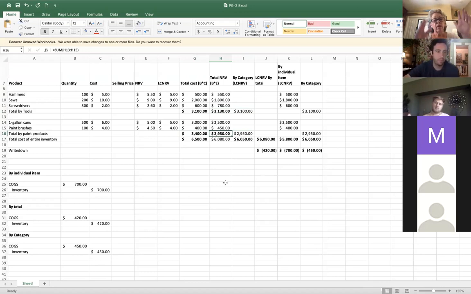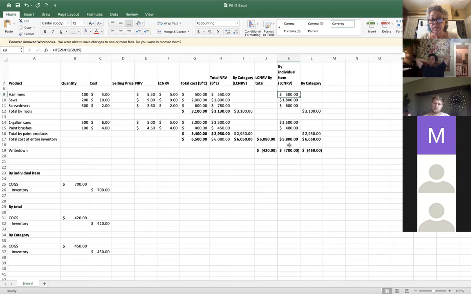All right. So on this exercise, they gave you NRV. We didn't have to calculate NRV. So we compared cost to NRV times quantity at the individual item, and then determined our write down. Then we compared total cost by category to total NRV and determined the lower one.